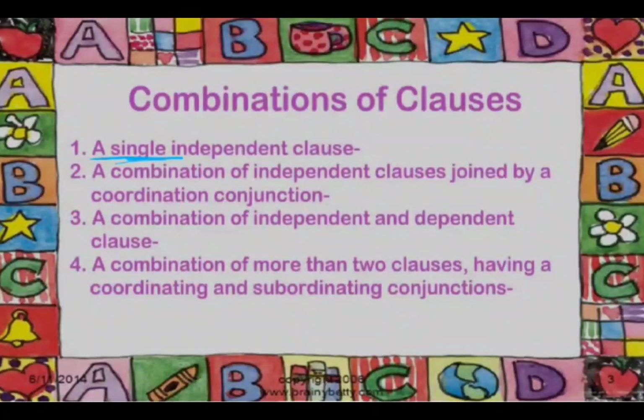If there is only a single clause, it is a simple sentence. For example, Jane ate pasta. One subject and one verb, and the sentence makes sense in itself. It is complete. It is known as a simple sentence.